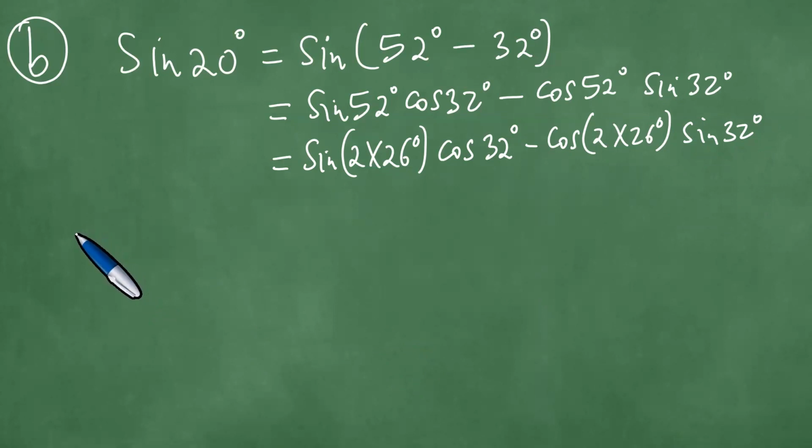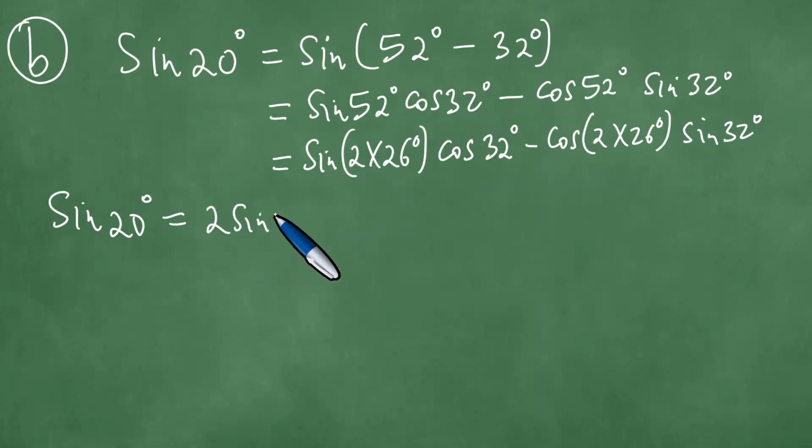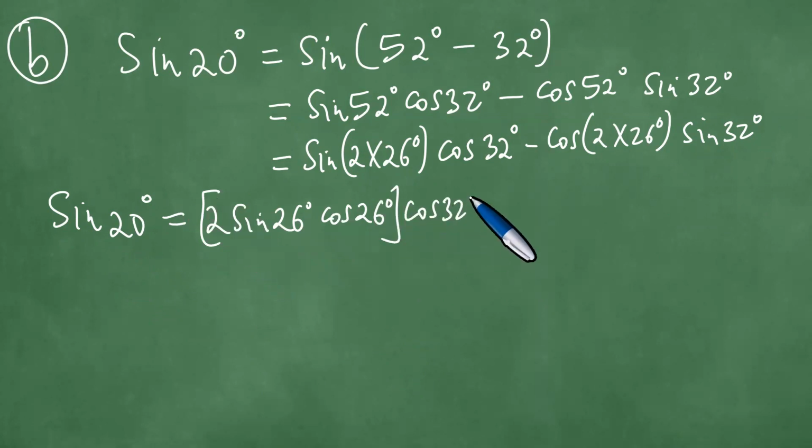What is the meaning of all this? From these, we have the sine of 20 degrees. Here we use the double angle formula too: the sine of 2 times 26 is 2 sine of 26 degrees cosine 26 degrees, times cosine 32 degrees.